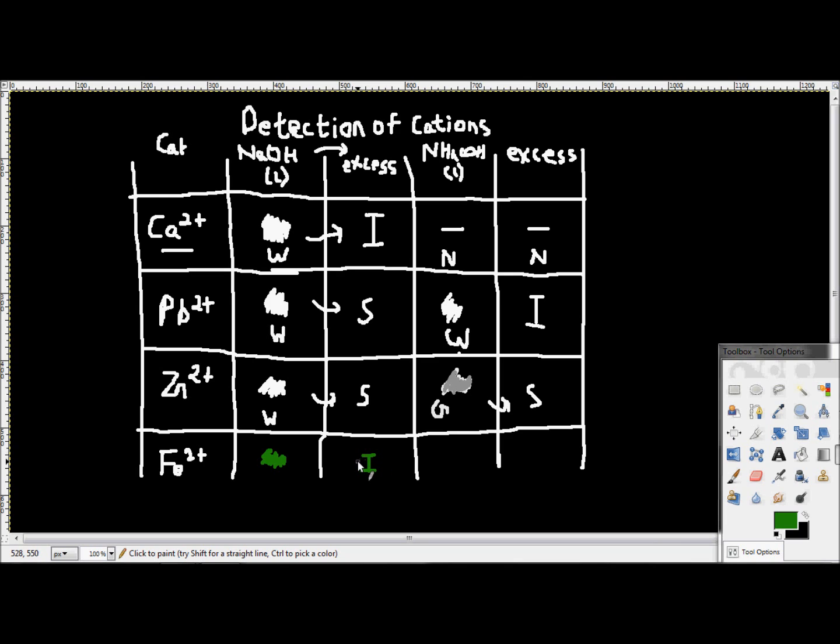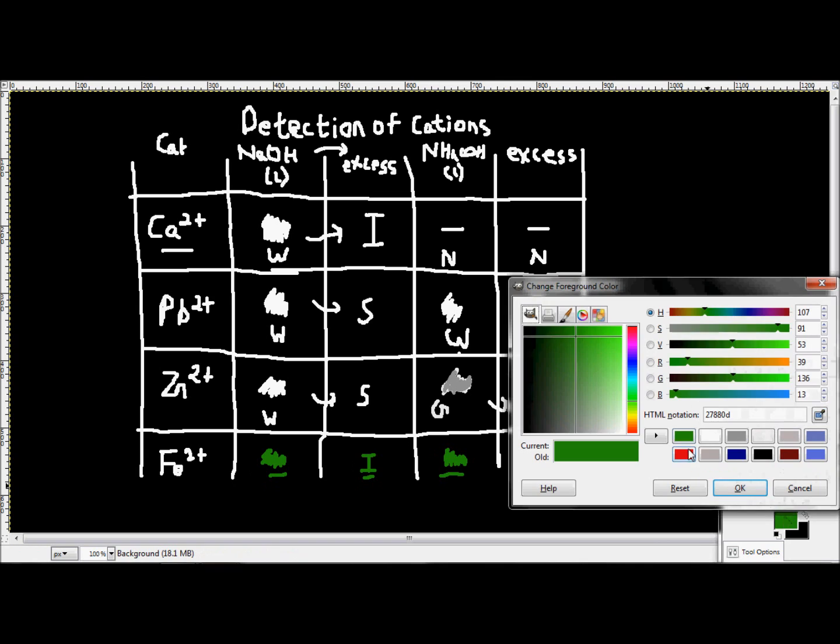Now when you add NH4OH to it, it again gives this dirty green precipitate, and it is again insoluble in excess. So this one is easy to remember. It's the only one that is dirty green. It's a unique color, and so you can remember this. It's dirty green insoluble, dirty green insoluble. So that should be fine.